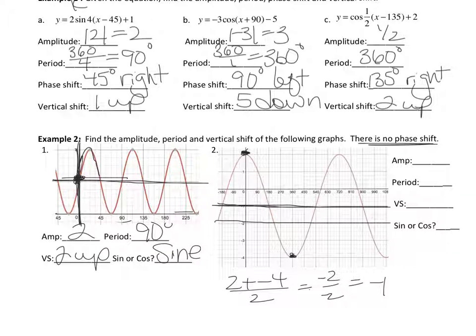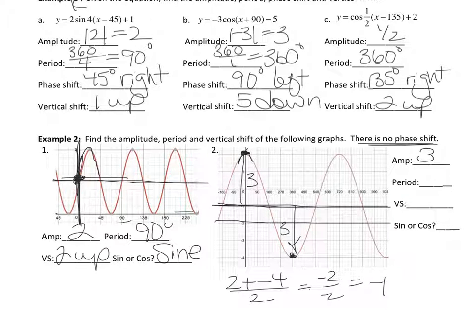That means that my amplitude is how far above and below the graph goes from that midline. So the graph goes 1, 2, 3 units above the midline and 1, 2, 3 units below the midline. That means my amplitude is 3.